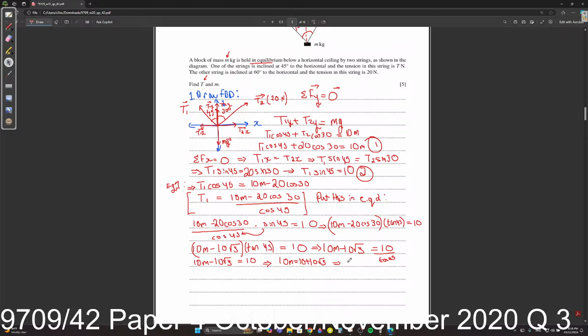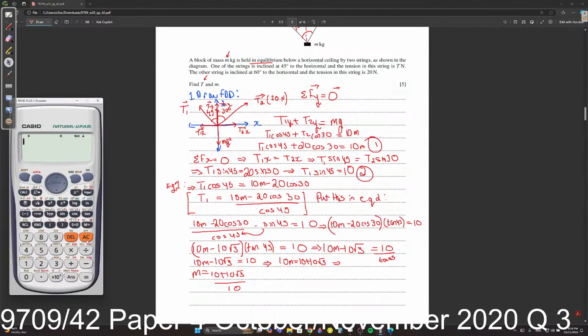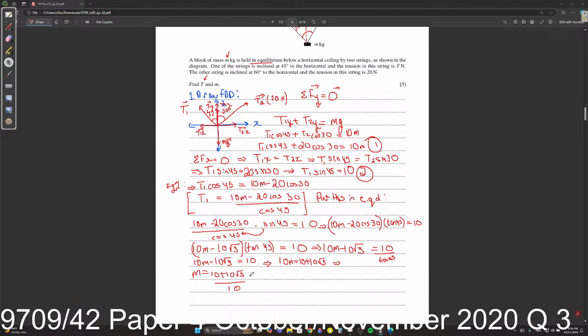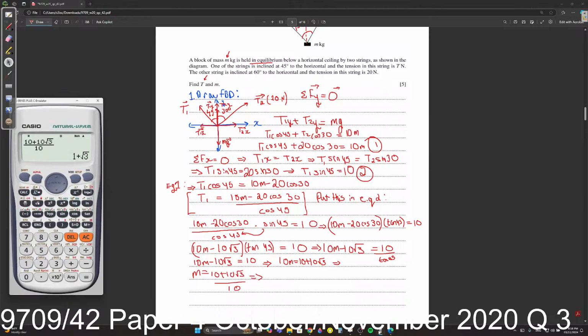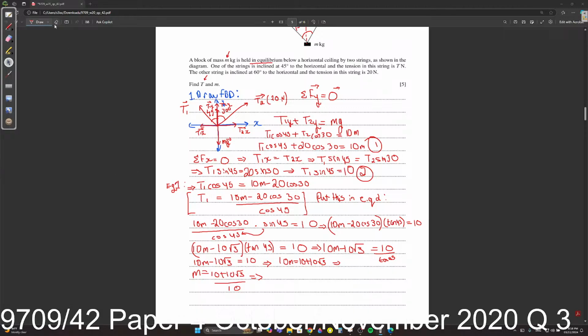So m is equal to, divide by 10 on both sides, 10 plus 10 root 3 over 10, which should get you 2 point something, I think. So you get 2.73.